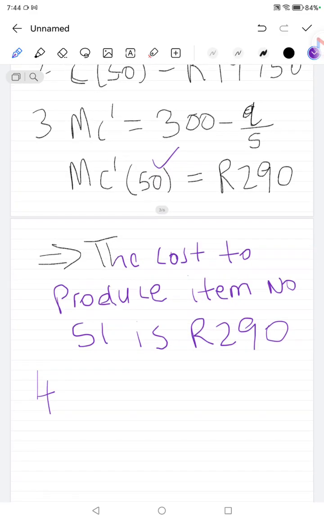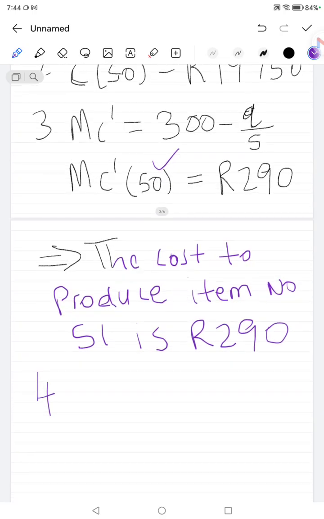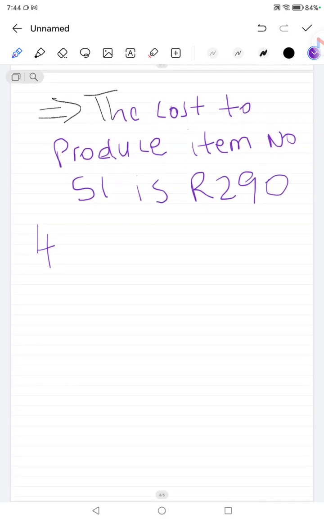Which one was your revenue? Your revenue is this one. So our derivative is going to be left with 400 plus 2Q over 5.